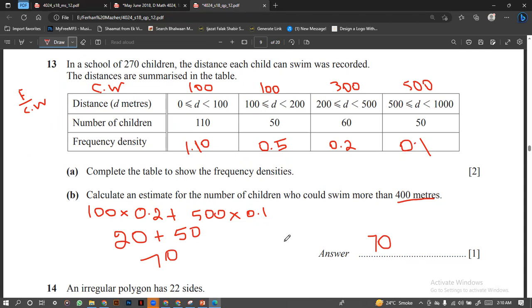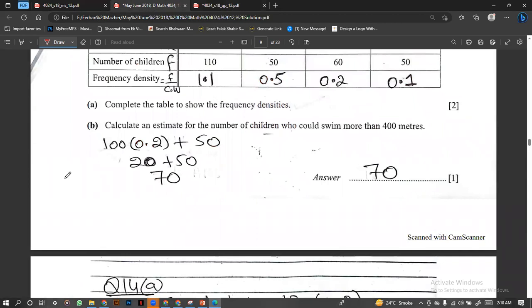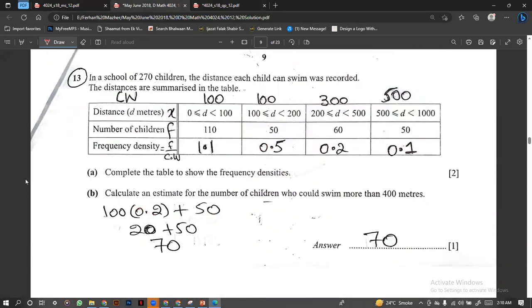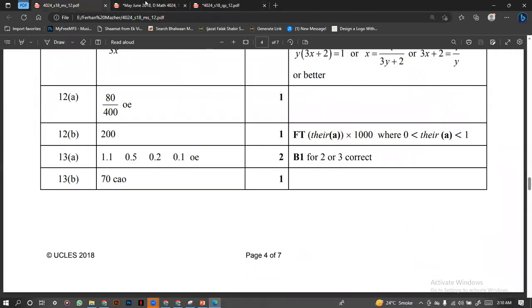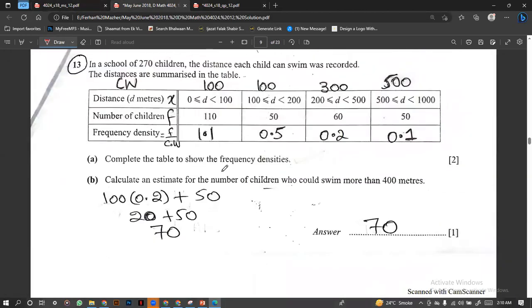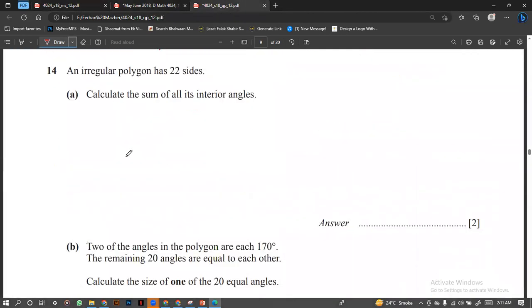Okay, so class width multiplied with the frequency density gives the number of children. So I hope you can understand this. This is the solution. And let's check. 70 is the right answer, sir. This is the solution of question number 13. Okay, so we are going to the next question.